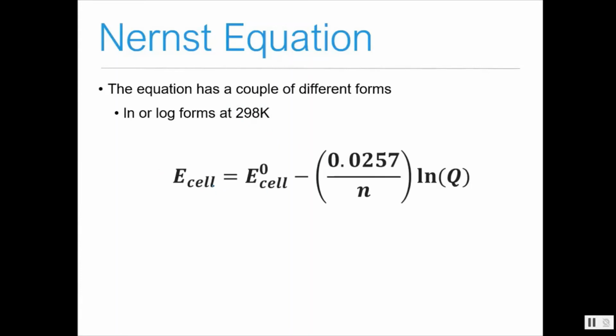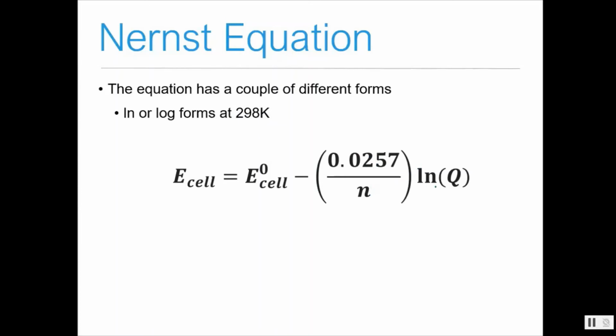So we can simplify it to say that E of our cell is equal to E naught minus 0.0257 over n. And again, this 0.0257 is R times T, where T is 298 K, divided by that 96,500.